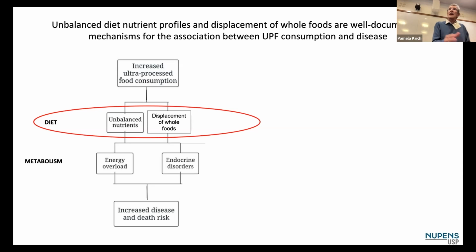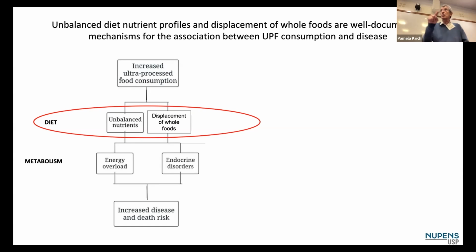So from what I showed you up to now, it's clear that there are at least two mechanisms well demonstrated to explain these associations. The first one is the imbalanced nutrients in the diet, at the diet level. So people eating more ultra-processed food have more sodium, more trans fat, saturated fat, less fiber, et cetera.